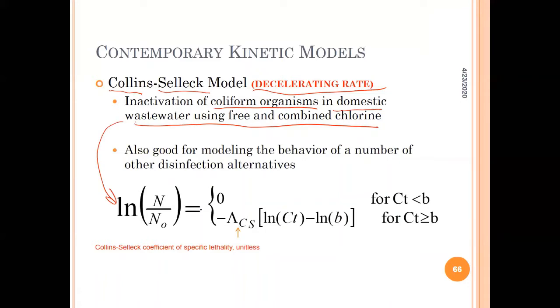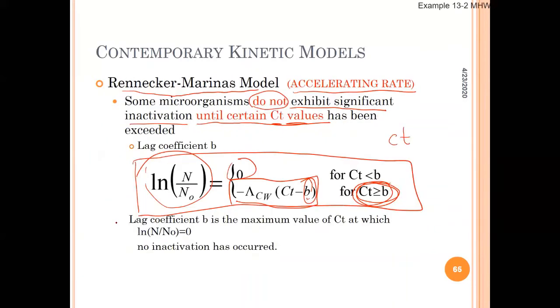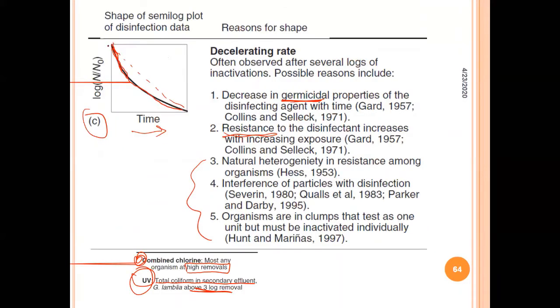So disinfection is 0 until CT value is less than b, or disinfection has some value when CT value is more than b. And they also introduce their Collins-Selleck coefficient of specific lethality. So this model also explains this shape of curve.